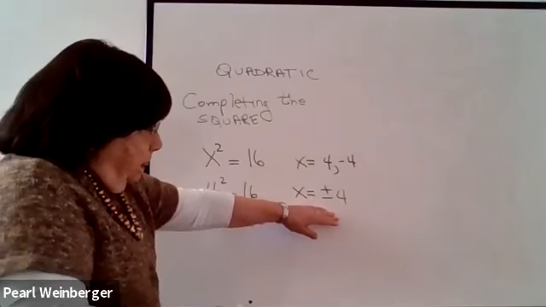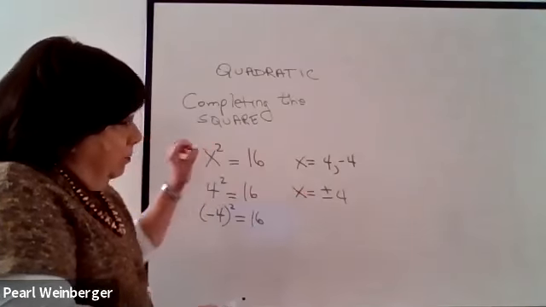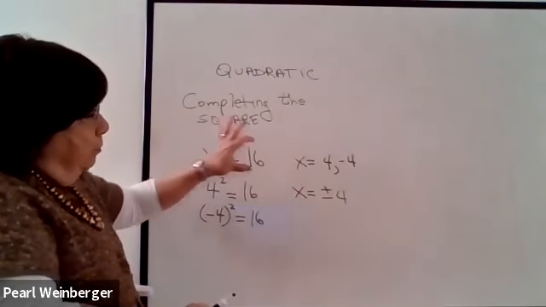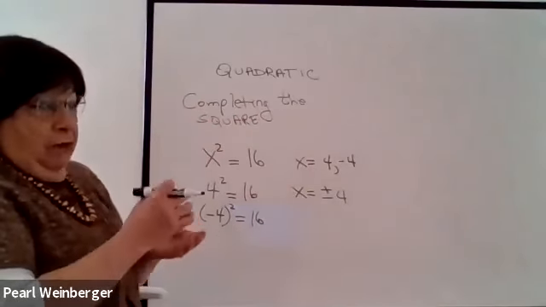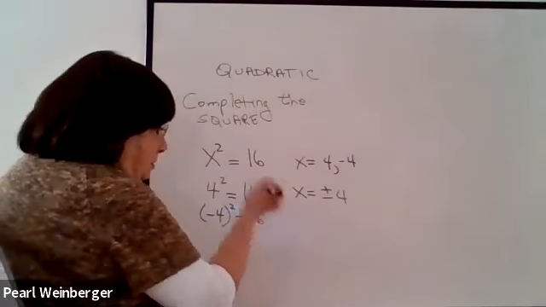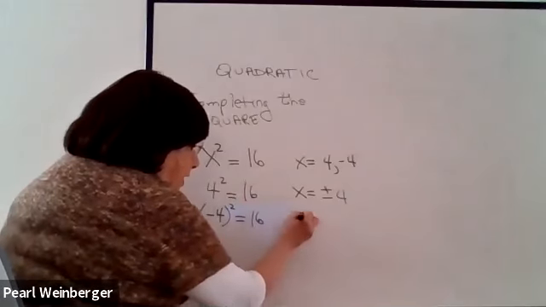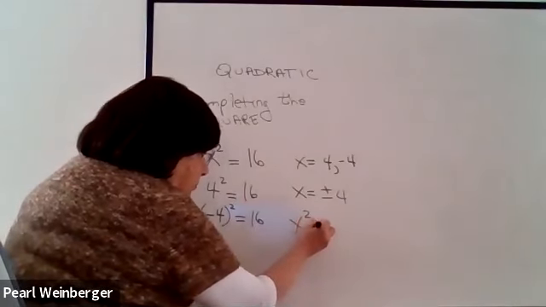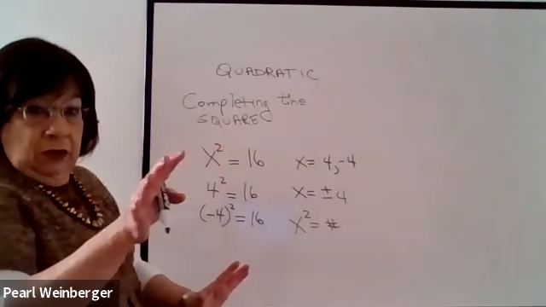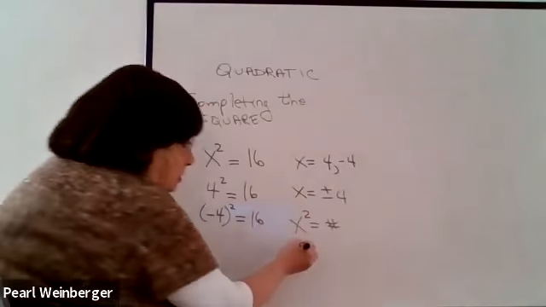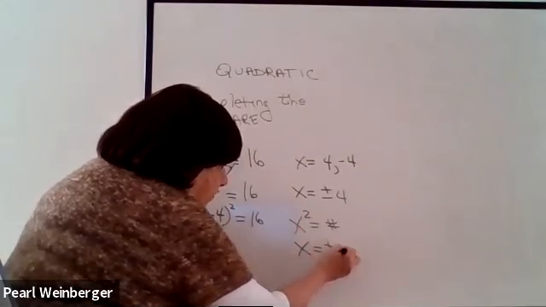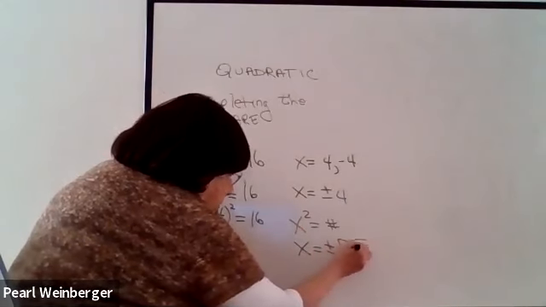So I can now come up with a method of solving this kind of quadratic equation without going to factoring. All I have to do is, if you think about it, if I have something like x squared equals some number, doesn't matter what the number is, the x is then going to be either the positive or negative of the square root of that number.